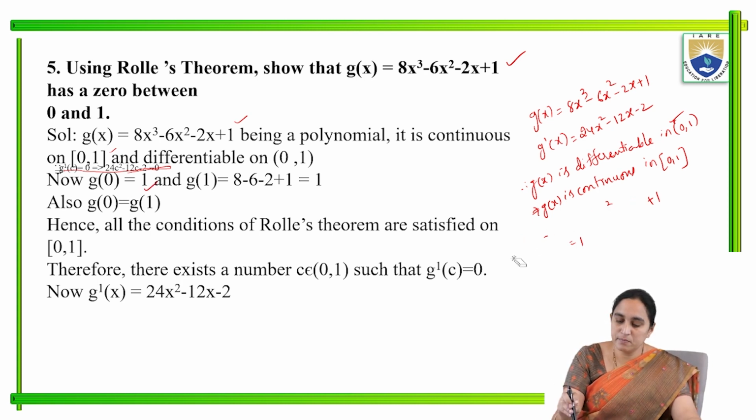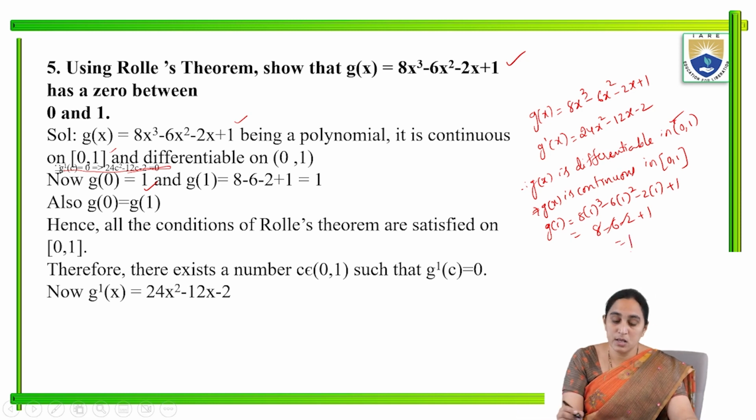Similarly, g of 1 is equal to 8 into 1 cube minus 6 into 1 square minus 2 into 1 plus 1. That is 8 minus 6 minus 2 plus 1. These cancel, and directly it is equal to 1. Therefore, g of 1 is equal to 1. Therefore, here g of 0 is equal to g of 1. That means the three conditions are satisfied.